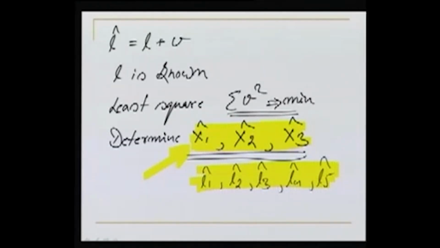So what we saw today, we saw again the concept of the least square, then the criterion, how we go about the least square, then the redundancy of a model, why it is important, why it should be there. We also saw one important thing, even if there is redundancy, it is sometimes so that the model cannot be solved.